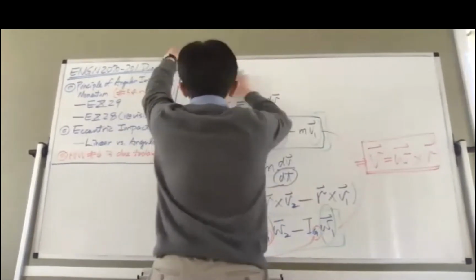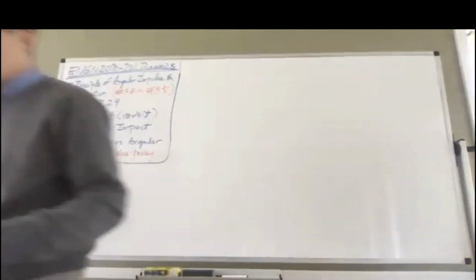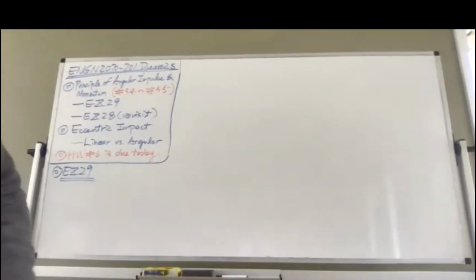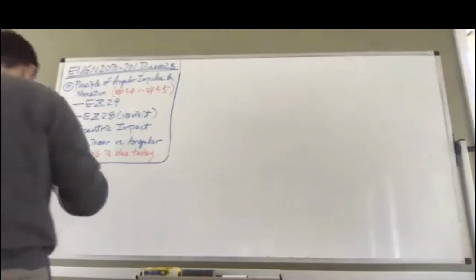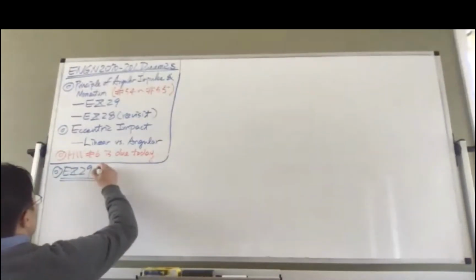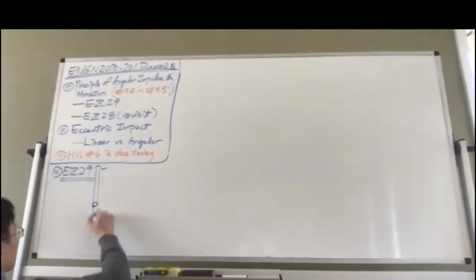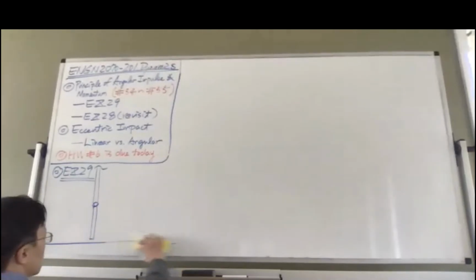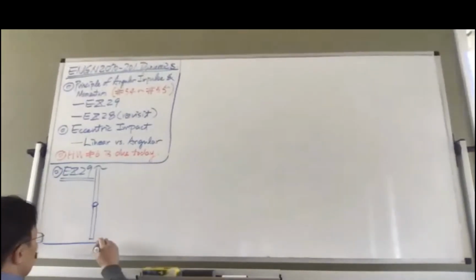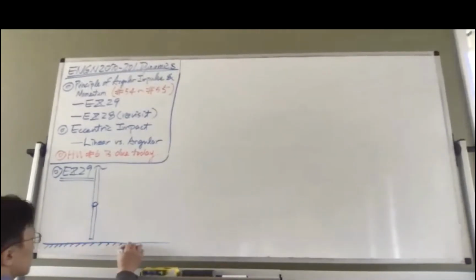Now let's start with one example. What is example 29? Example 29 regards a problem like this. Suppose we have a garage, and the garage has a door like this. And the door or the ground is defined like this.